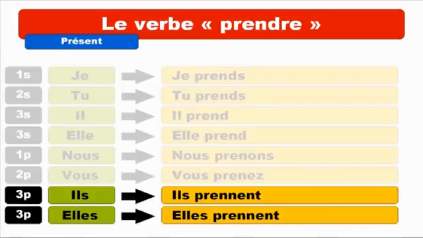Repeat. Ils prennent. And keep in mind that, as usual for this third person of the plural, this ENT, the final one, is not pronounced. For elle, we've got elles prennent. Repeat. Elles prennent.